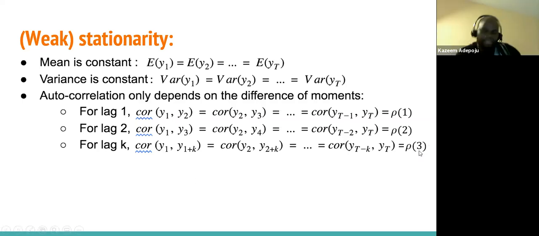I'm going to say that again. For instance, if I want to know the correlation between Y1 and Y4, what is the distance? The distance is 3, right? It's going to be rho 3. And if I also want to find the correlation between Y1 and Y10, I'm still going to use this to represent that.